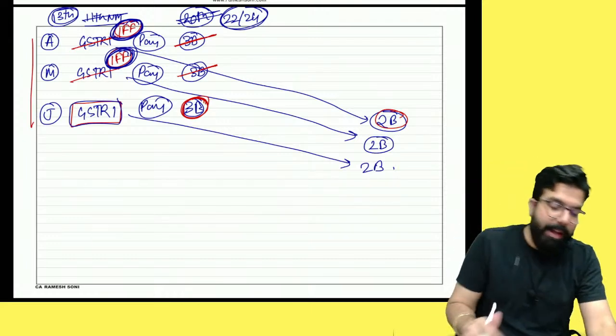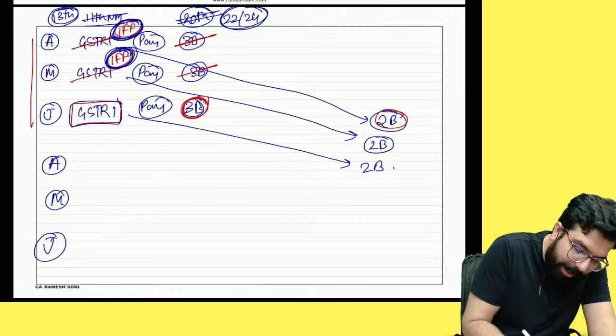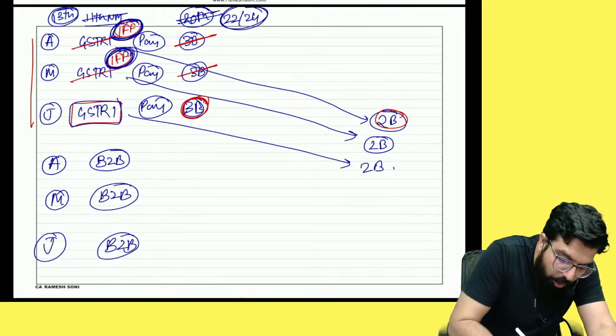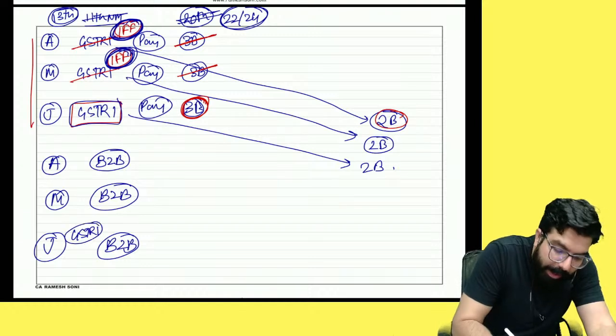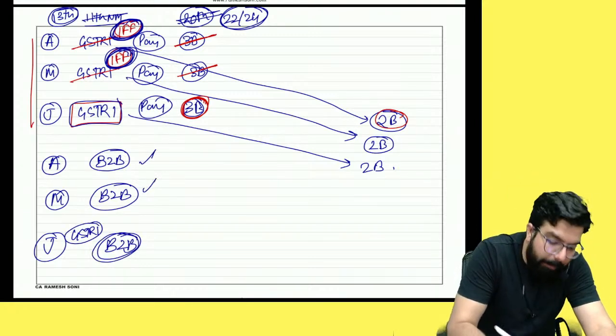So if I go ahead and show April, May, June, in April I will show B2B invoices. In May I will show B2B invoices. In June also I will show B2B. But in June when I file GSTR 1, I will show B2B, meaning whatever I have sold to registered persons, plus April and May, whatever B2C sales I have done.